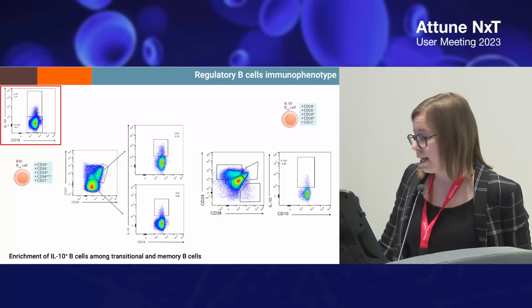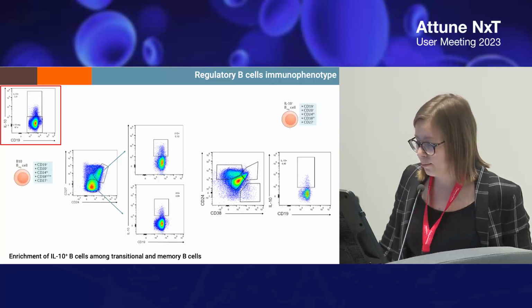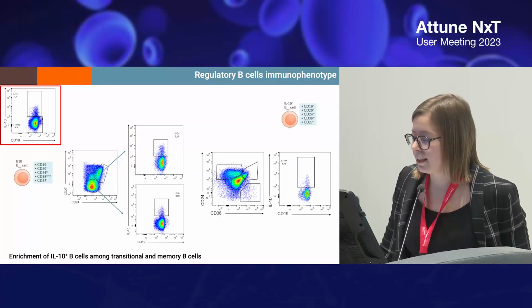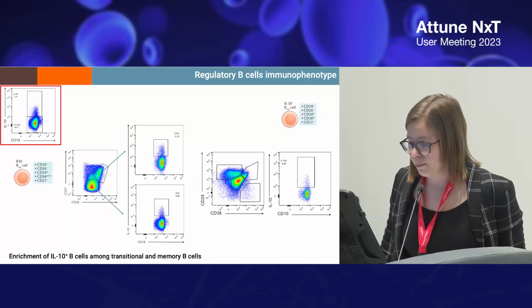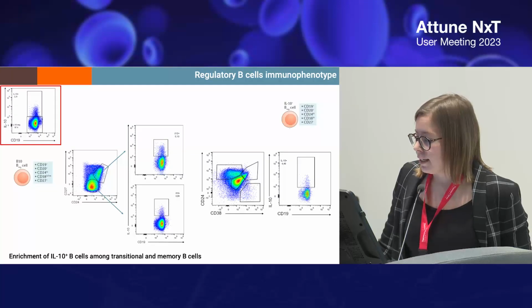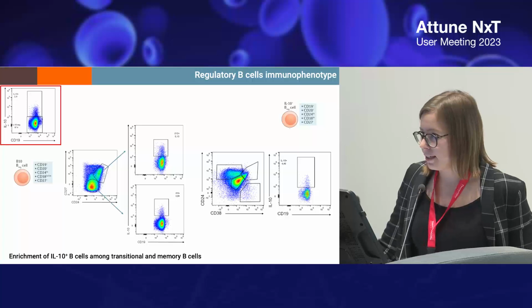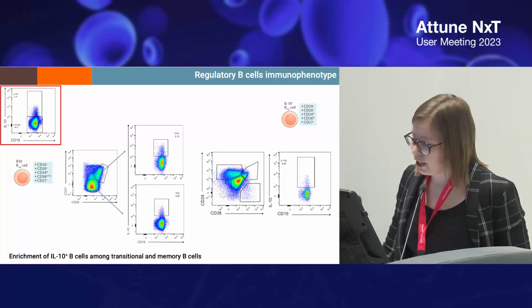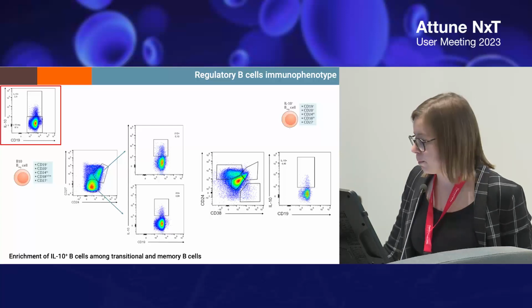And if you want to study the BRAGs among the memory B cell subset, I would recommend you to use this gating strategy to select the CD24 positive, CD27 high positive population. As you can see here, we have a slight enrichment of IL-10 positive B cells in this population that is much higher than the CD24, CD27 negative population.